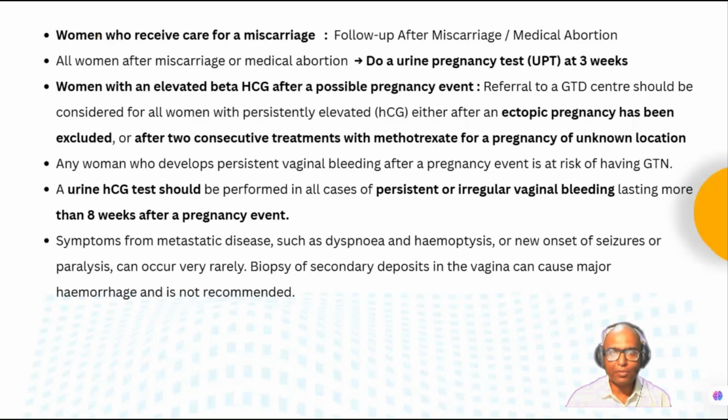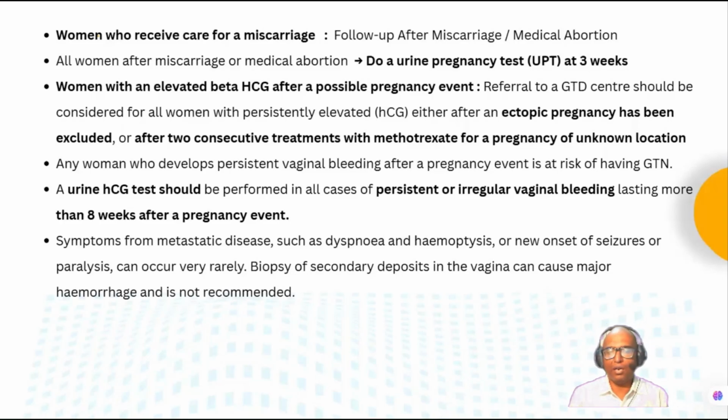Okay, so any woman who develops persistent vaginal bleeding after a pregnancy event is at risk of having GTN. A urine hCG test should be performed in all cases of persistent or irregular vaginal bleeding lasting more than 8 weeks after the pregnancy event. So for any hCG elevation after 8 weeks, or if the patient is presenting with persistent or irregular uterine bleeding, you have to do this hCG test.